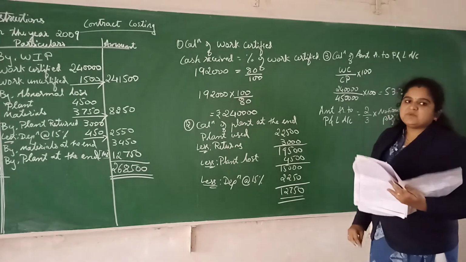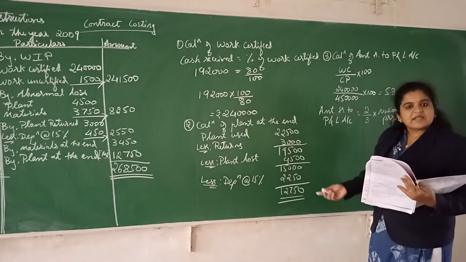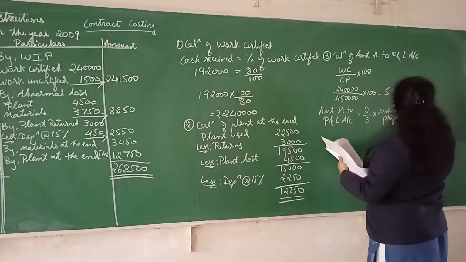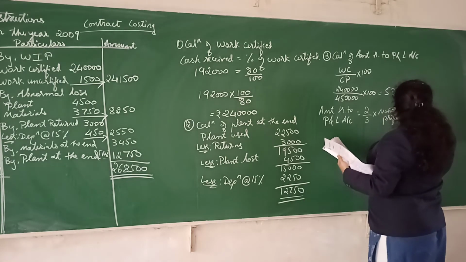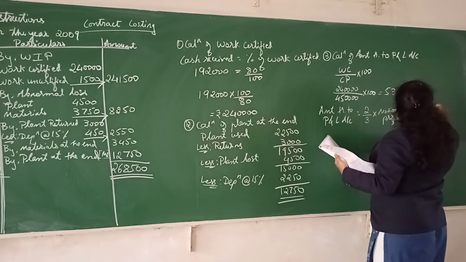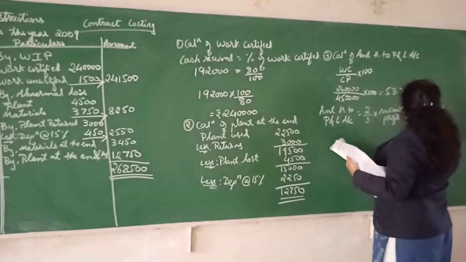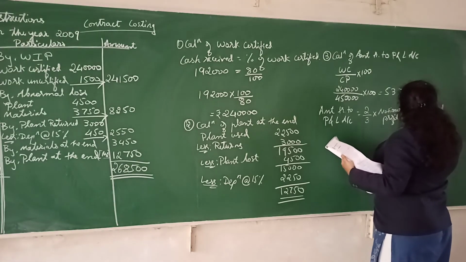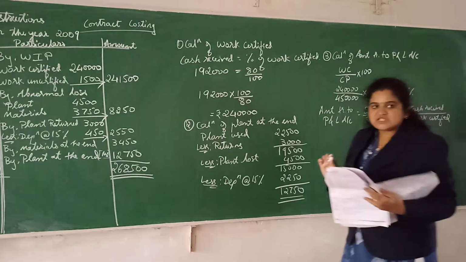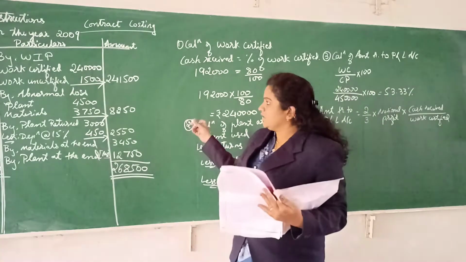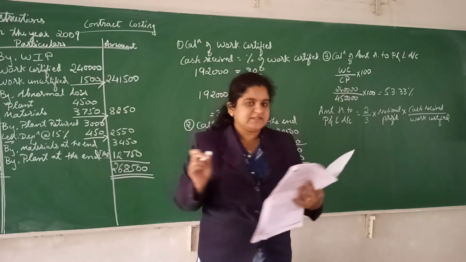Now here we have percentage of cash received also can be taken, or cash received divided by work certificate, or directly you can take percentage of cash received. Percentage of cash received in this problem it is 80%.